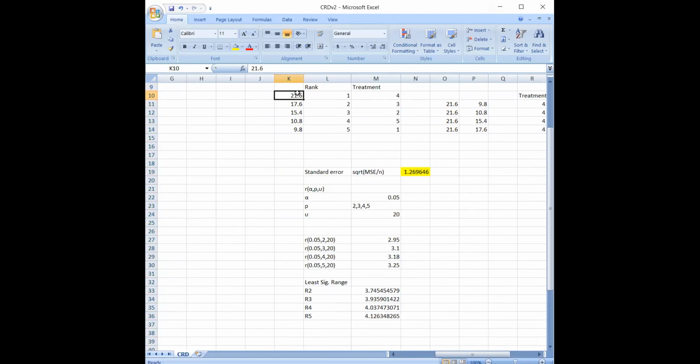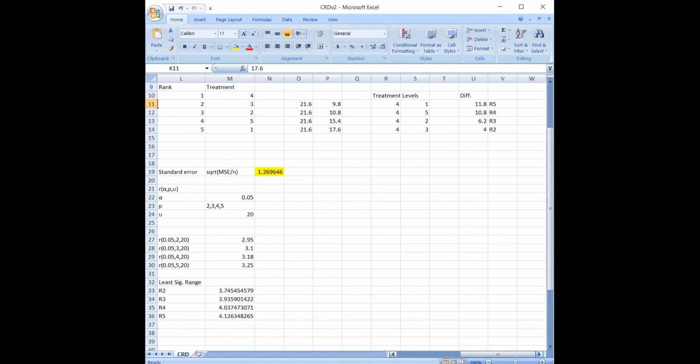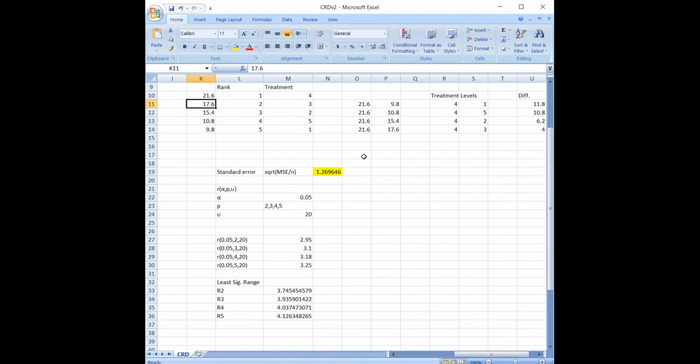Then if you consider the next largest one, that is 17.6, you have to consider 17.6 with all the possible means which are less than that. That is, you take 17.6 with the smallest one 9.8, the next smallest one 10.8, and the next smallest one 15.4. So I will write here the possible values. We consider treatment 3, that is 17.6.